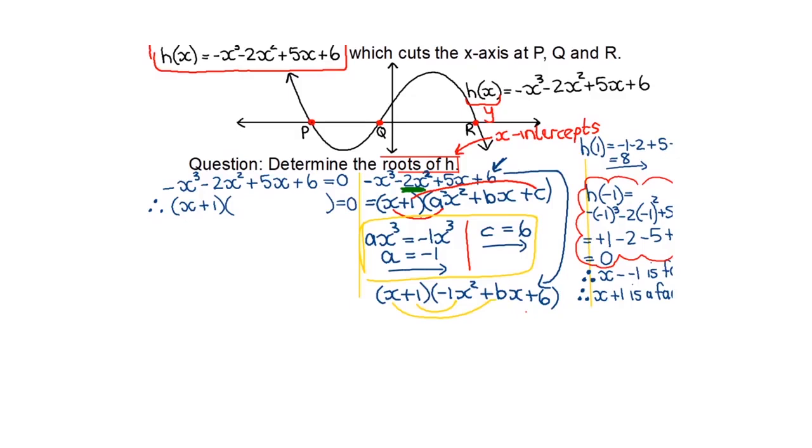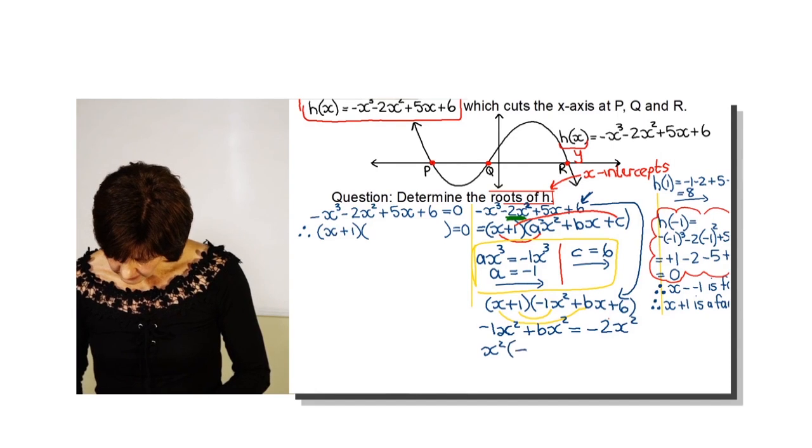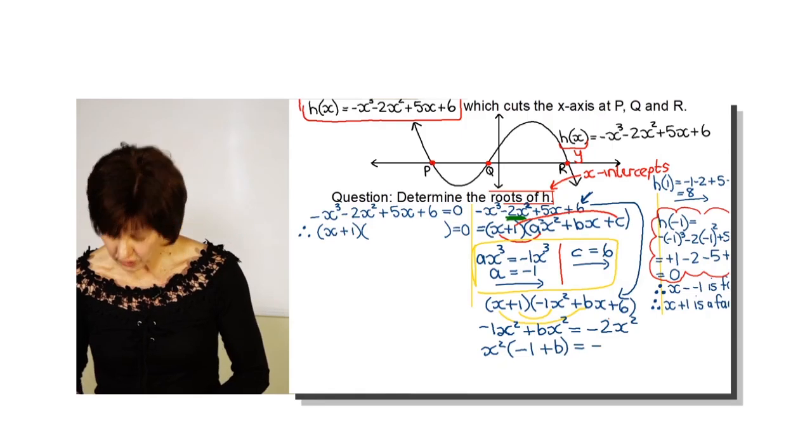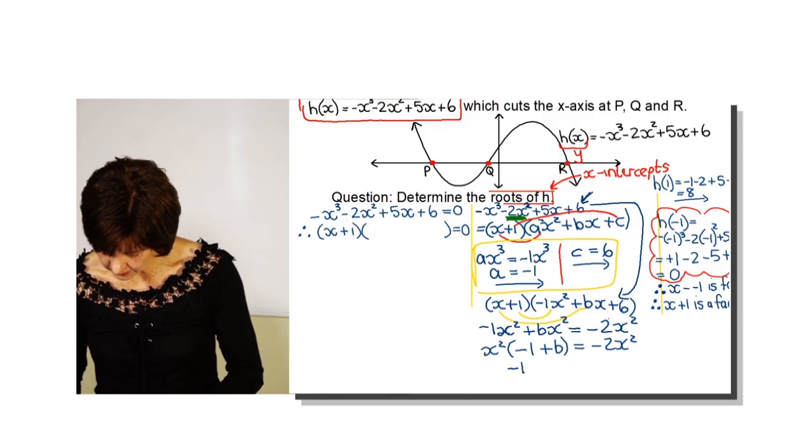So which means I'm going to have negative 1x squared plus the bx squared, those are the ones that are going to give me x squared, which must be equal to what was given, negative 2x squared. If I take out x squared as a common factor, negative 1 plus b must be negative 2. Do you see that negative 1 plus b, the coefficient of the x squared on this side, must be the coefficient on the other side, which means b is equal to negative 2 plus 1, which is negative 1.